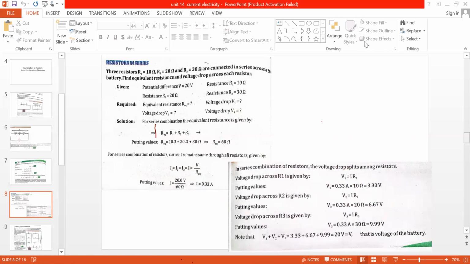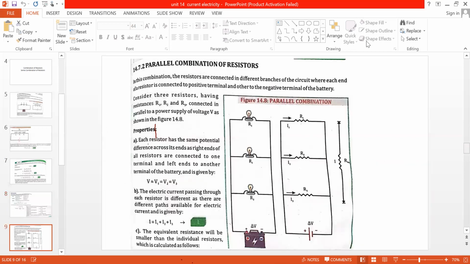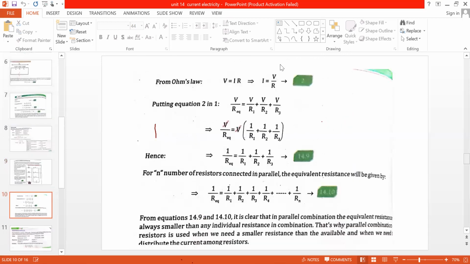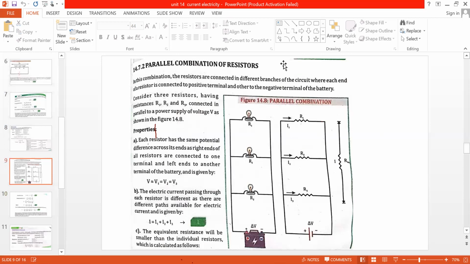Now, the next topic is resistors that are connected in series. Sorry, parallel. So in case of parallel combination, similar to when we learned the parallel combination of capacitors, we have to connect the resistances like this. See, they are connected parallel to each other.